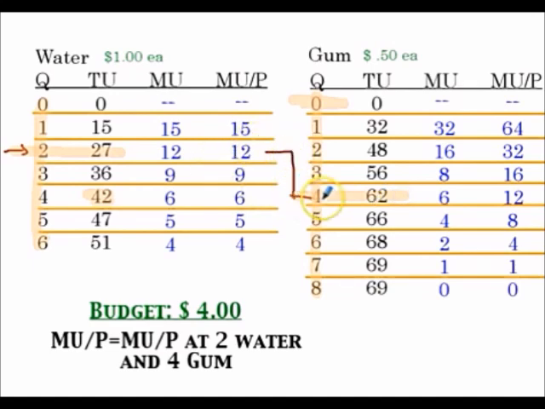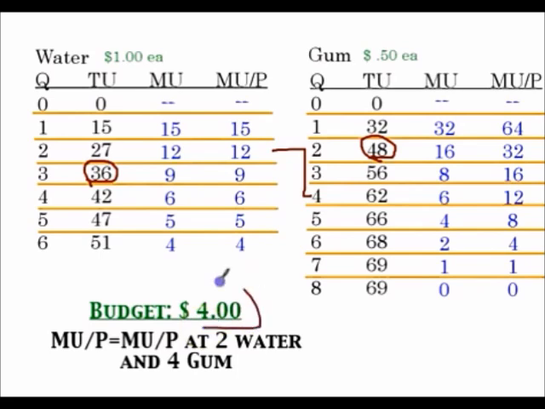Another example we can consider here, if we took a look at, say, 3 units of water, which gives us 36 total utility, and 2 units of gum, which gives us 48 utility, that's still my $4 budget. I can afford that. If you add 36 and 48, that number is less than if I added 27 and 62.